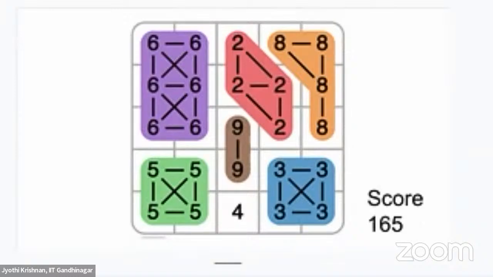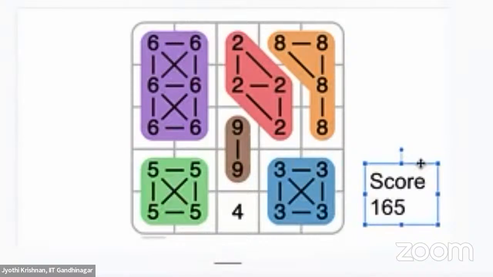Which numbers can I make more lines between? And how many more lines could I make? If I tell you, maybe I made a calculation error, that's okay. Whatever it is, if I tell you that the score for this board is 165, my question is, if that is true, so accept that is true, and tell me what is the maximum score that I could have made.